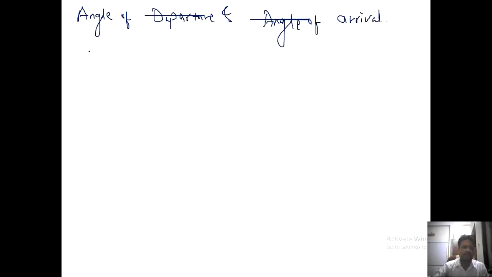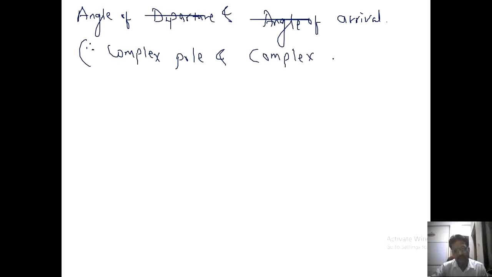This rule is specially for complex poles and complex zeros. What are my complex pole and complex zero?